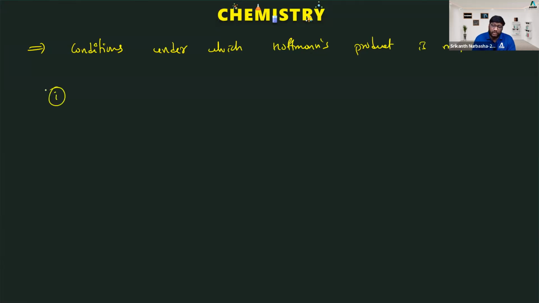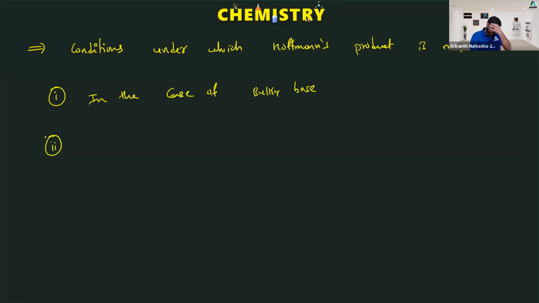The first condition is the case of bulky bases. Tertiary butoxide is a bulky base, it can't pick up the proton in such a way that more substituted alkenes are obtained. It will pick up the proton in such a way that you will get the terminal alkene.